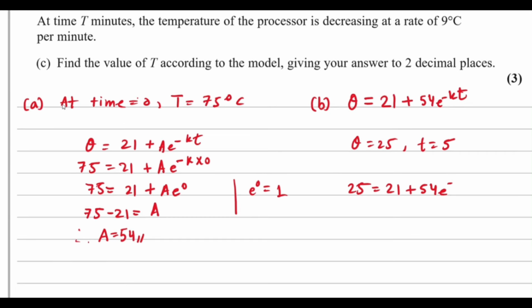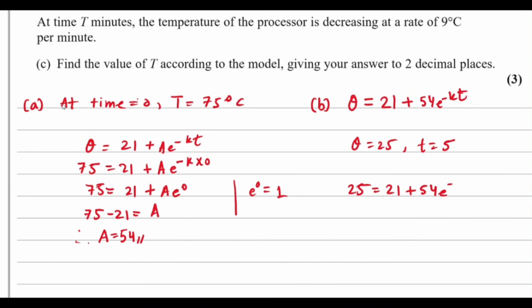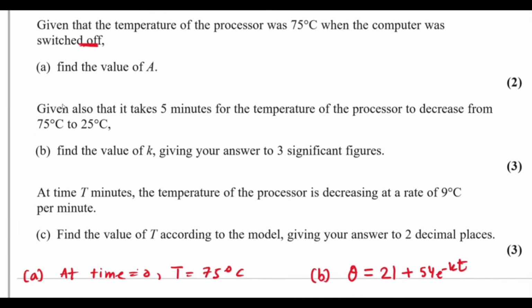It says in the question that at time equals 0, when the processor is turned off, the instant that the processor is turned off is what we call time equals 0. So at time equals 0, the temperature is 75. Basically, the initial temperature is 75. So what we do is we substitute these values into our equation, and that gives us the value of A after simplifying.